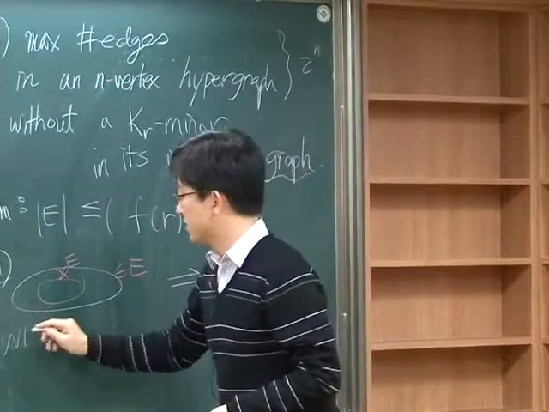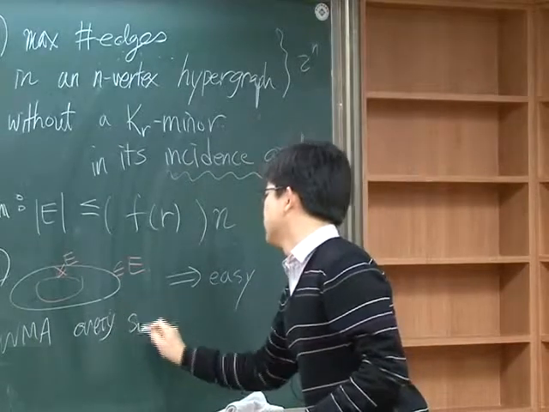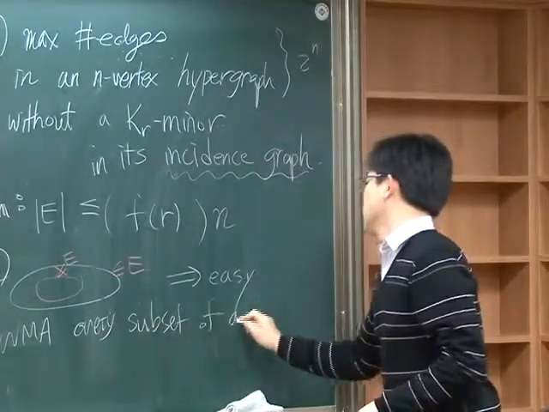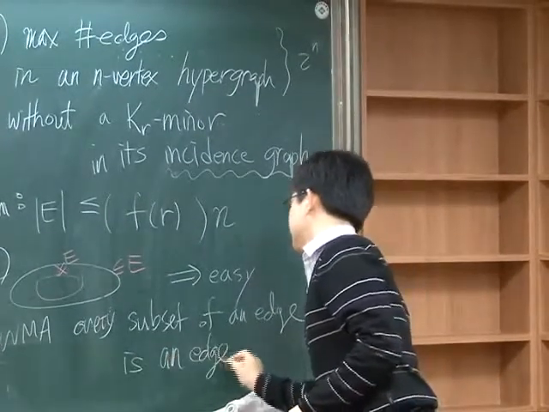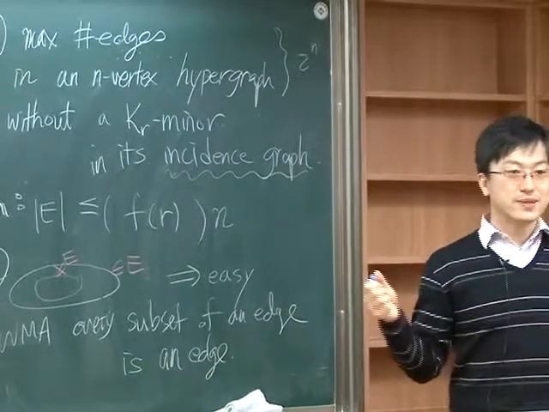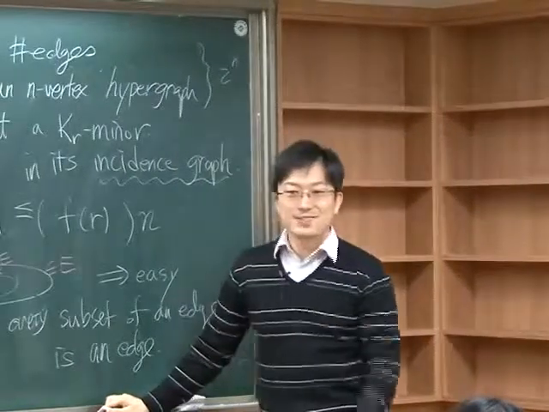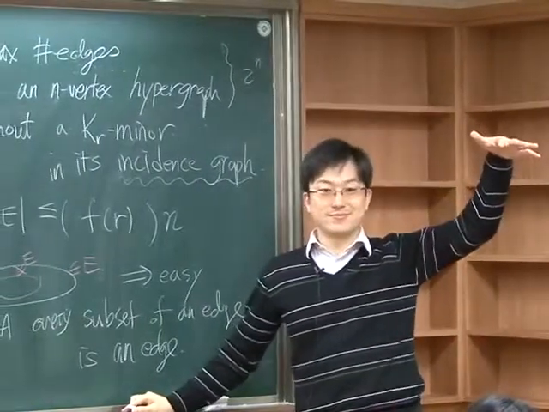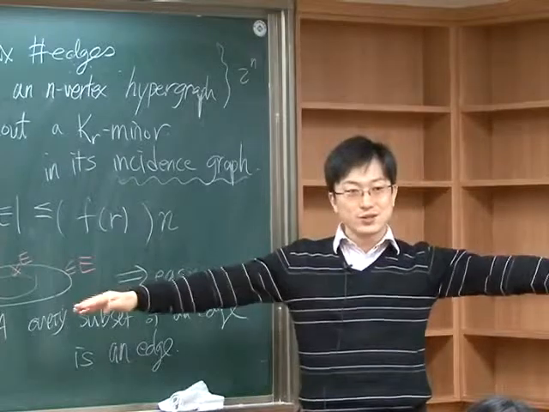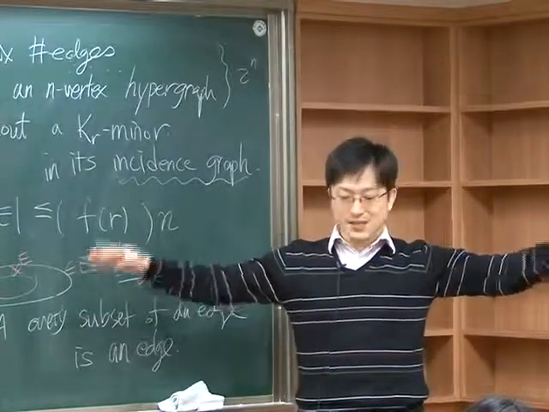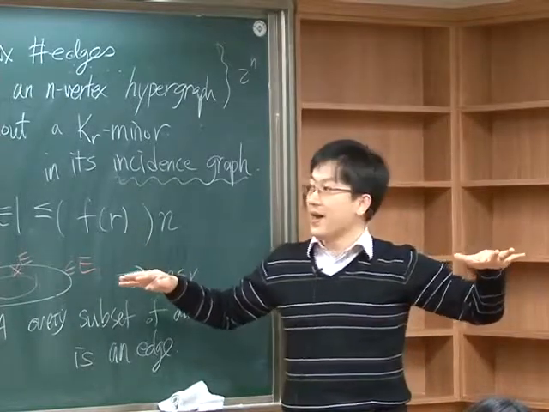So we can assume that every subset of an edge is an edge. Right? We can assume that. And then there are subsets of size 2. From this hypergraph, look at the subsets of size 2, then you just take a subhypergraph which is a graph.